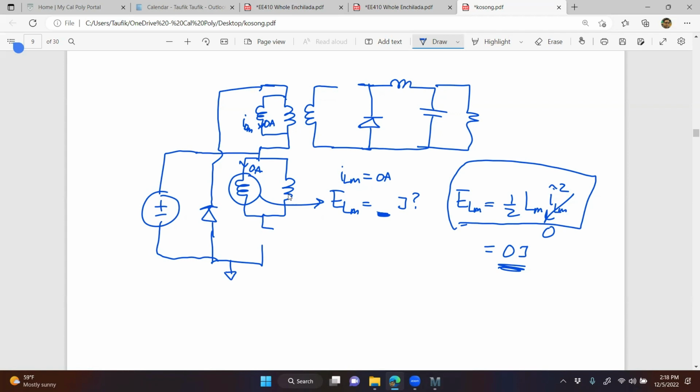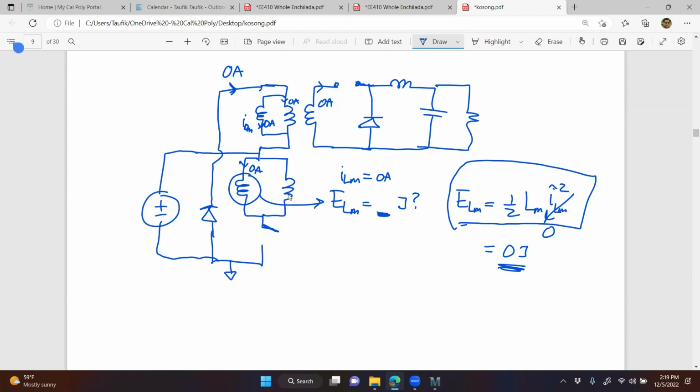At the same time, when the switch is off, this diode is off, right? When the diode is off, guess what? This is 0 amps. So therefore, it's also 0 amps here. So if you are looking at this branch right here, for this condition, it's going to be 0 amps. Agree? That's when the diode is off, when the switch is off.